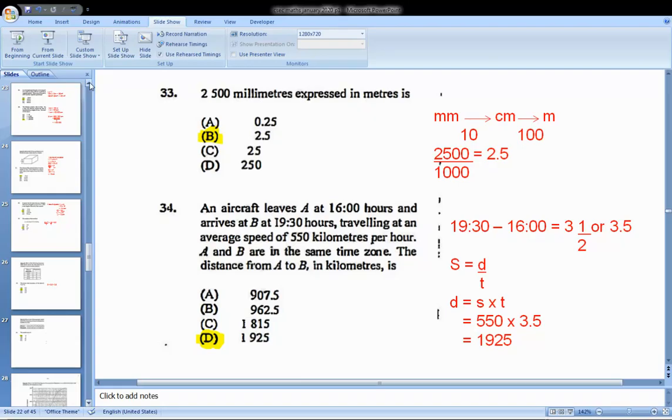The speed they gave us was 550 kilometers per hour, and the time it took was 3.5 hours. When we multiply 3.5 by 550, we get 1,925. So the distance was 1,925 kilometers. D would be our answer.